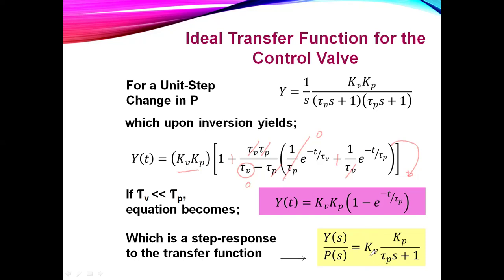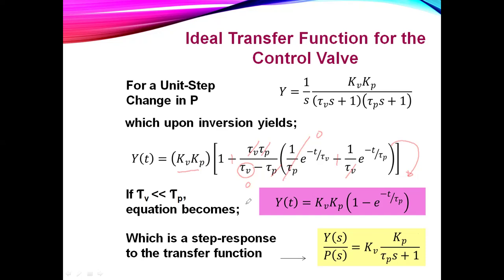The denominator was converted to a simple constant, which is 1. So true enough, this simplified response to a forcing function in P comes from this simplified transfer function of the system of your control valve and your process.